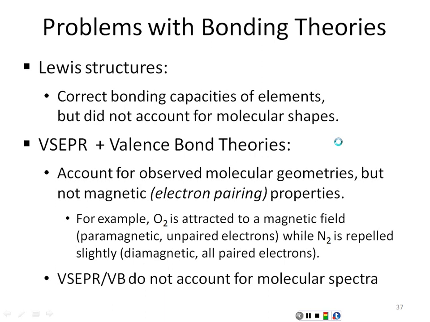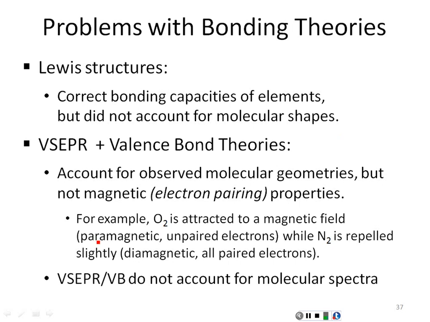They account for molecular geometries, but one of the drawbacks is that they don't account for magnetic properties, so the electron pairing in molecules. An example of this is O2. Molecular oxygen, O2, is attracted to a magnetic field, and that means it's paramagnetic.